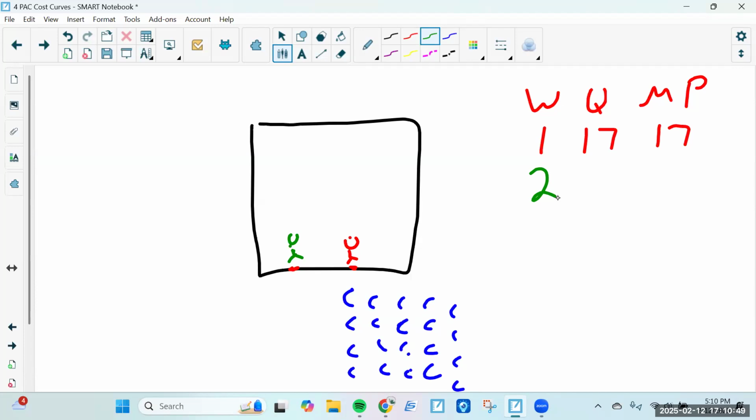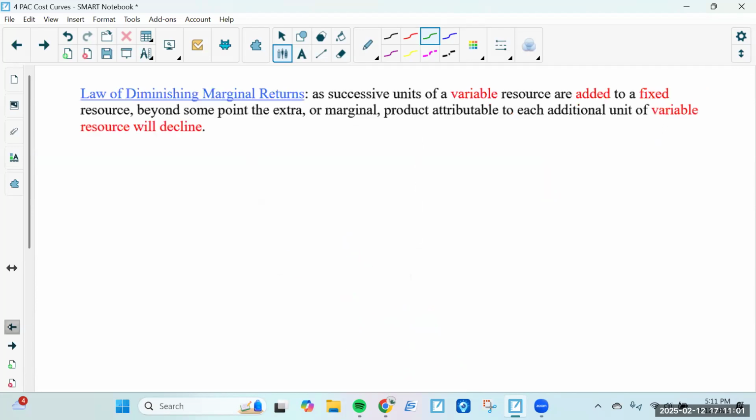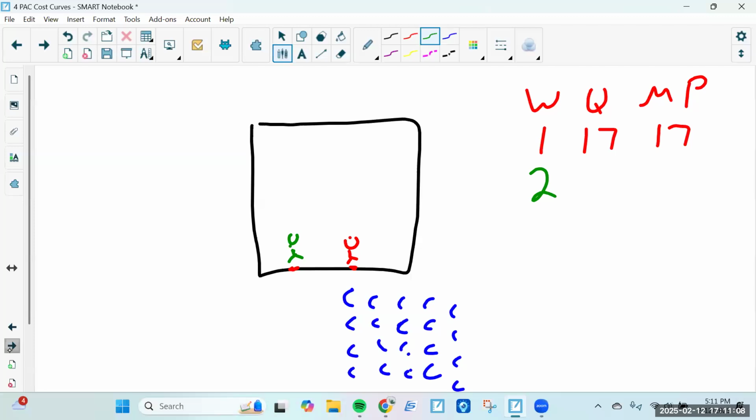But most people would look at this and say, well, if the first guy can sell 17 ice creams in an hour, then the second guy can sell 17 ice creams in an hour. And I'm going to say, no, he can't. We're going to start getting what we call the law of diminishing marginal returns with that second worker. I'm going to say that second worker can actually only produce, let's say, 15 additional ice creams.